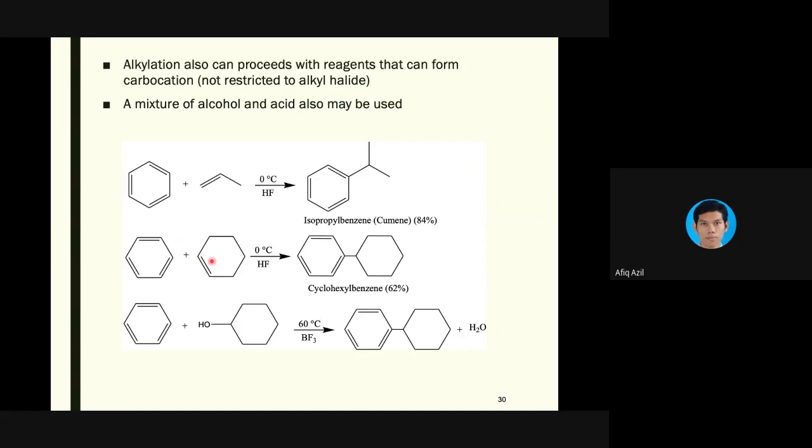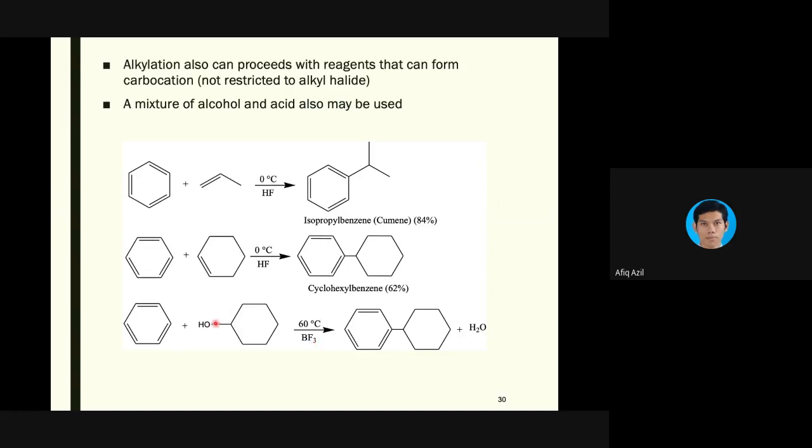The alkene can be in an open chain like this, or in a cyclic form. If you use an alcohol group like this one, then the reaction condition will be heated, approximately 60 degrees Celsius, with the use of boron trifluoride as your catalyst.